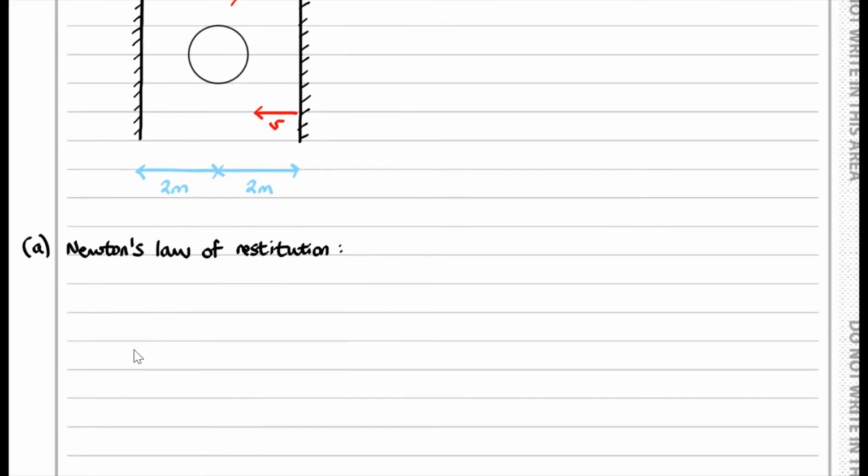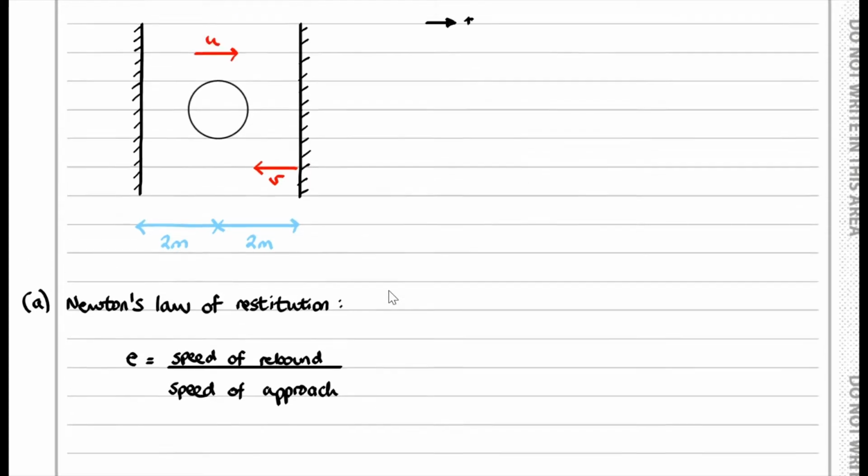That states that e is equal to the speed of rebound divided by the speed of approach. So what do we know about this?